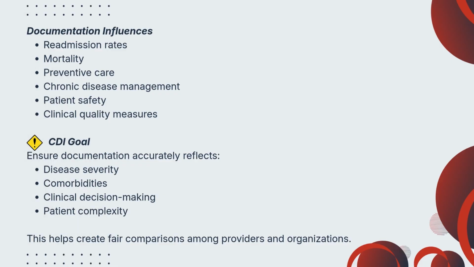Documentation influences readmission rates, mortality, preventive care, chronic disease management, patient safety, and clinical quality measures. CDI goal: ensure documentation that accurately reflects disease severity, comorbidities, clinical decision-making, and patient complexity. This helps create fair comparisons among providers and organizations.